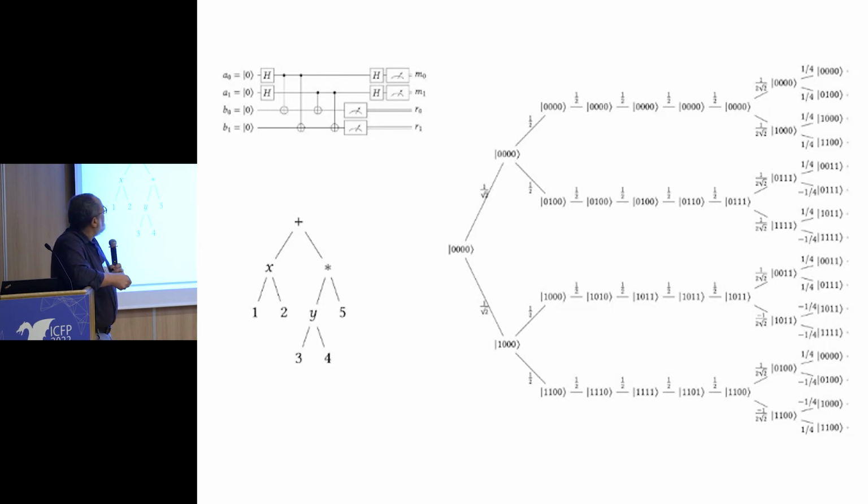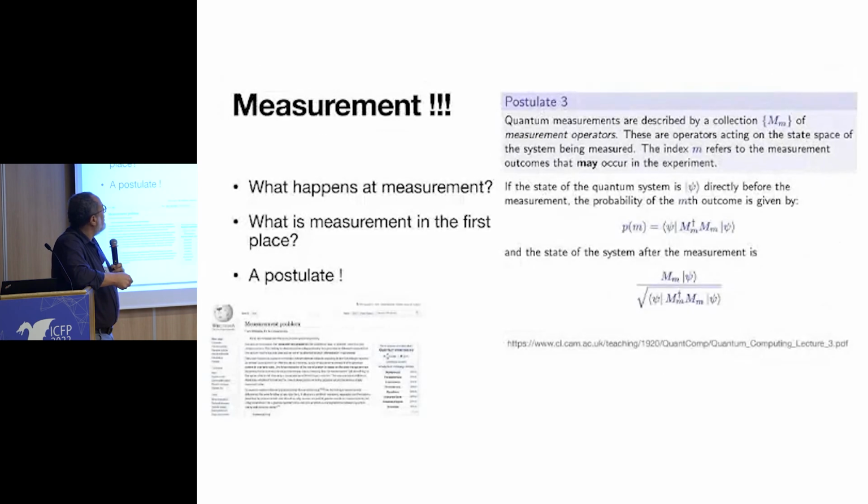So what happens in the measurement? Measurement is a big, big mystery. People have fought about it for 100 years, trying to understand what measurement is. We still don't understand. In fact, it's a postulate of quantum mechanics. There's no justification for it, except smart people said it works, and it works.